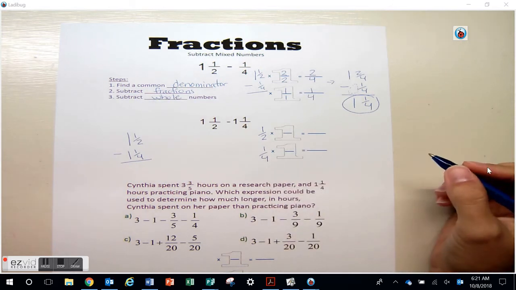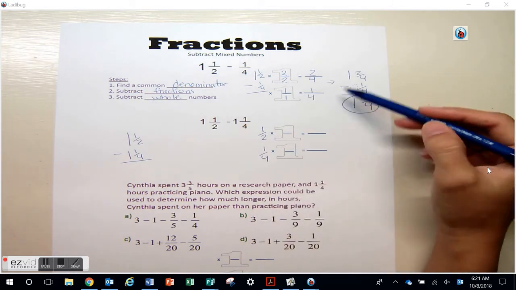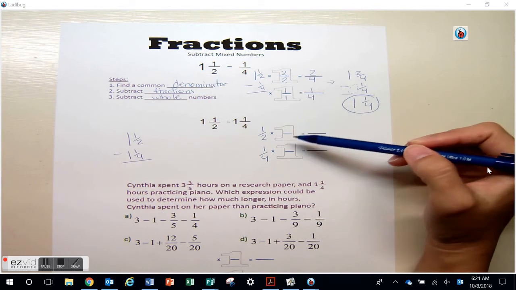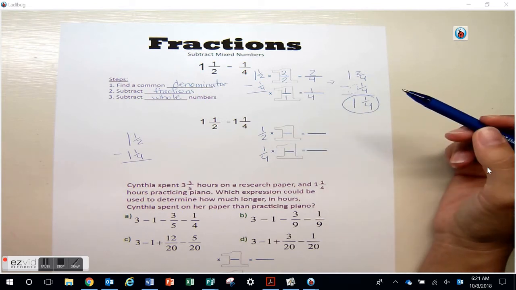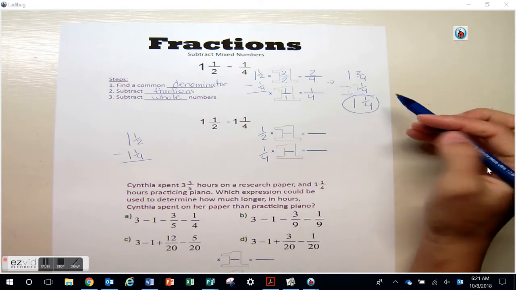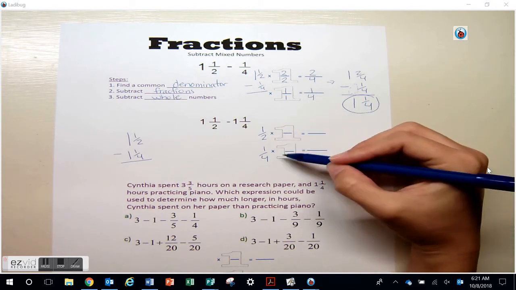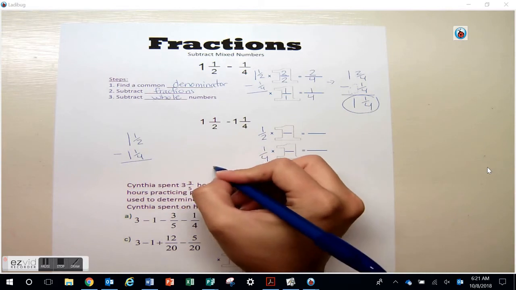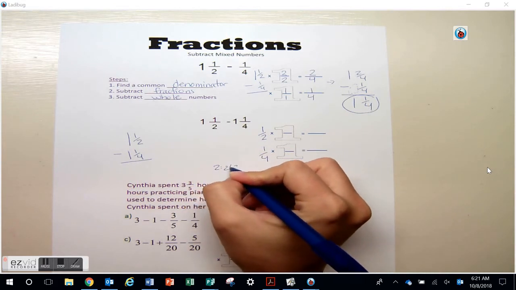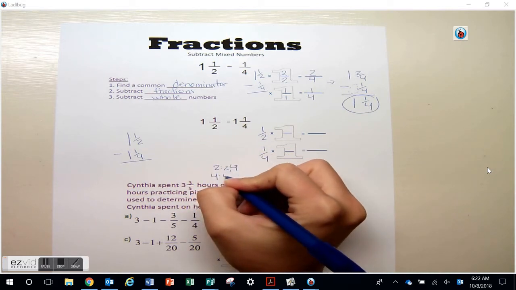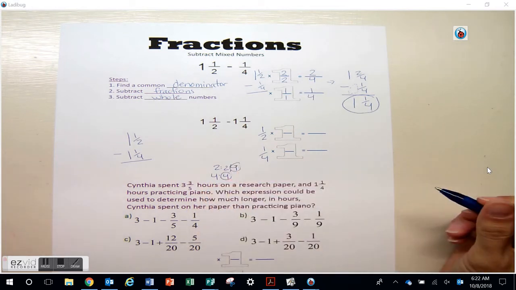Now here I had chosen 4, but if you wanted to, you could always choose 8, 2 times 4 giving you 8, and then simplify it later and get that denominator 4. But for now, let's go ahead and just use 4 because 2 can multiply to be 4, 4 can multiply to be 4, so that's the smallest one we can use.